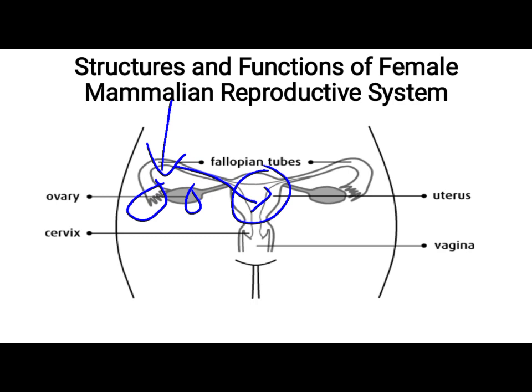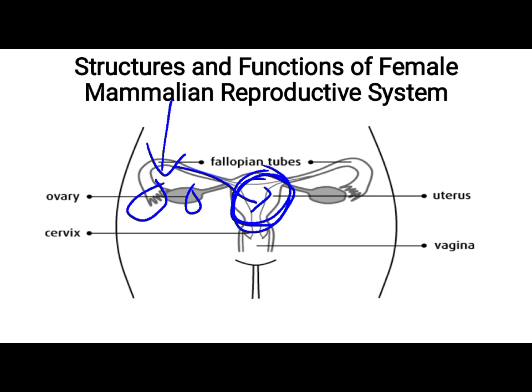The point of attachment of the embryo, no longer a zygote now, it's now called an embryo, in this uterus or the womb will now be referred to as the placenta. The placenta will then give rise to the umbilical cord, which will serve as a channel through which materials will pass from the fetus to the mother.